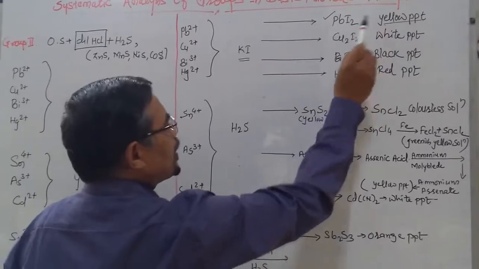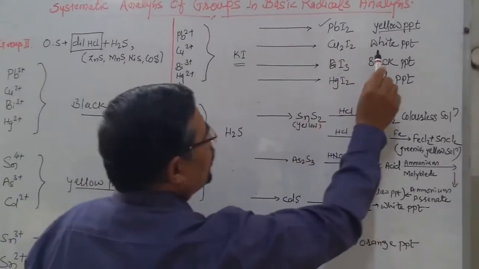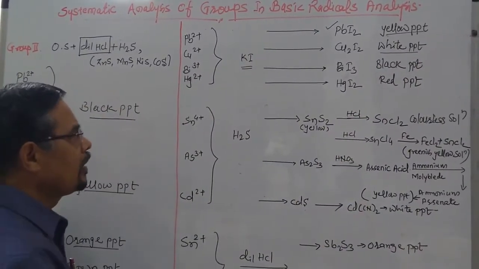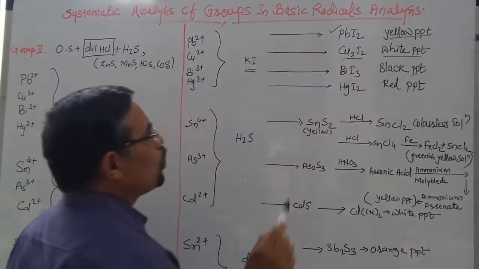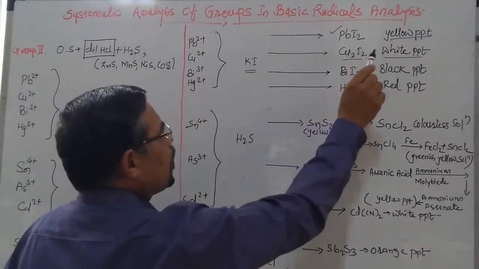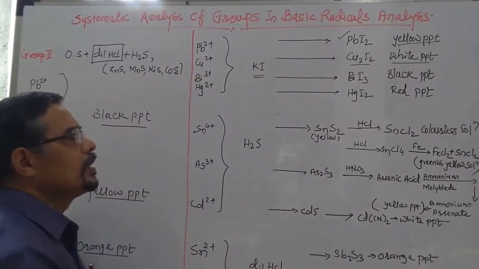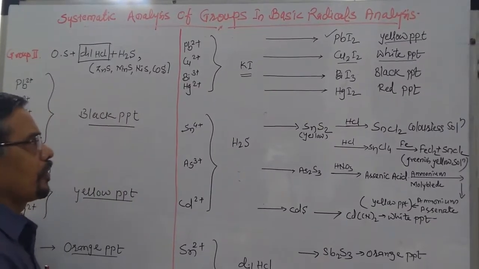If yellow colored precipitate is not formed, but instead a white colored precipitate is formed, then Cu2I2 is formed, it is white colored, and it indicates the presence of Cu2+ radical in the given mixture.